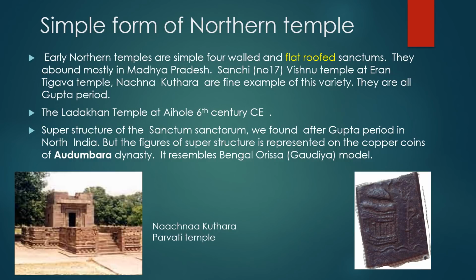But the figures of a superstructure are represented on the copper coins of the Audumbara dynasty. The Audumbara dynasty ruled from the Punjab area in the 2nd and 1st century BC. So you can see the coin. This is a copper coin.